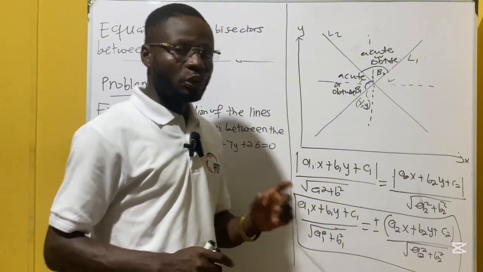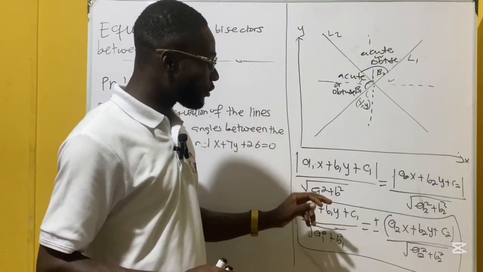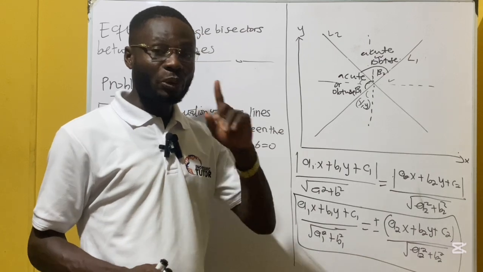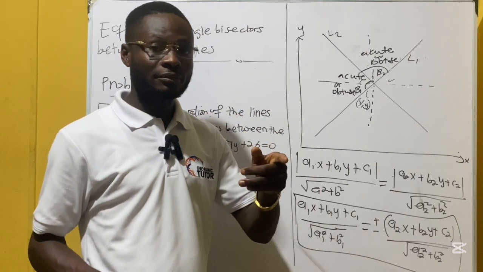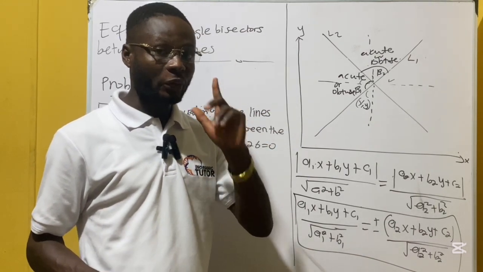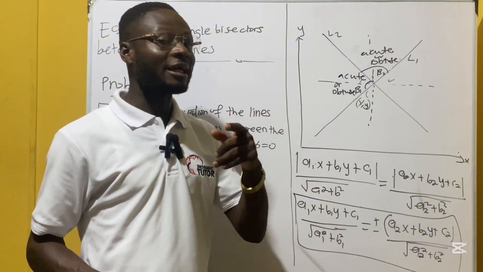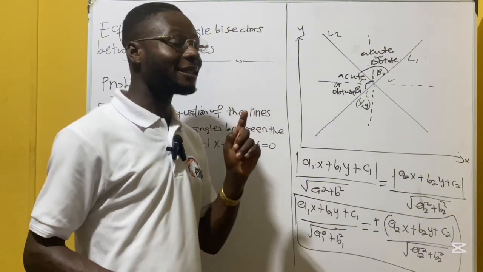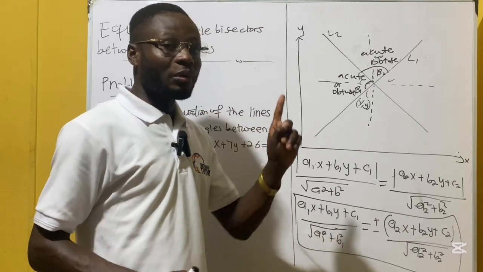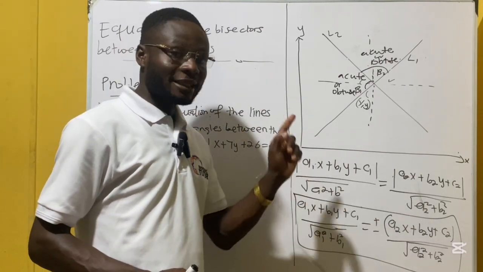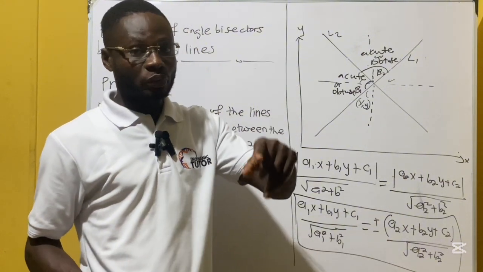One thing I want you to know is that what is making this formula useful is the word equidistance. Let me mention it again: if we say equidistance, it means that the distance of points from L1 is equal to the distance of points from L2.